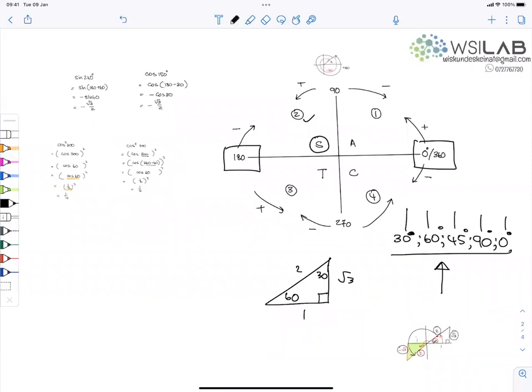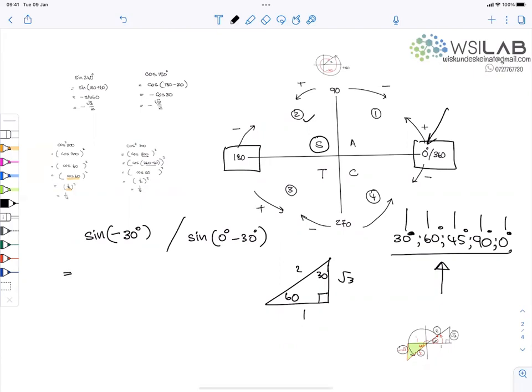Okay, now I'm going to do, let's say, sin of negative 30 degrees. Now that's the same as saying sin of 0 degrees minus 30 degrees. That's exactly the same. Minus 30 just means 0 minus 30. You see that?